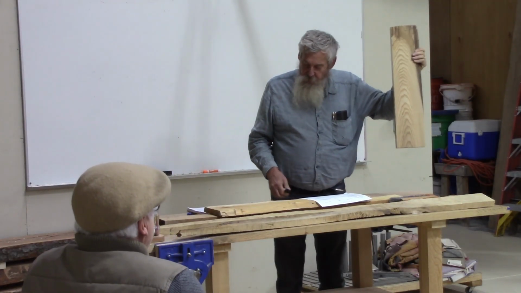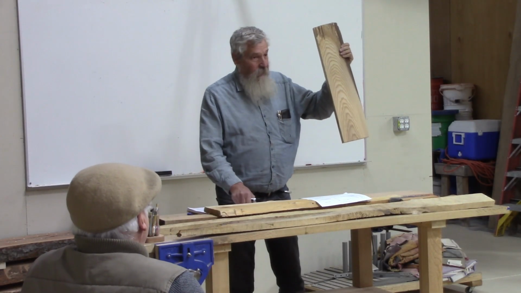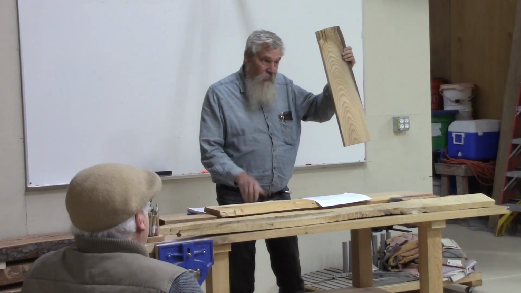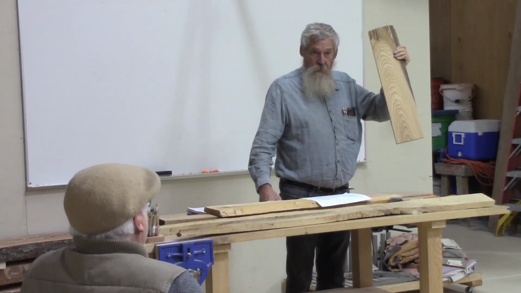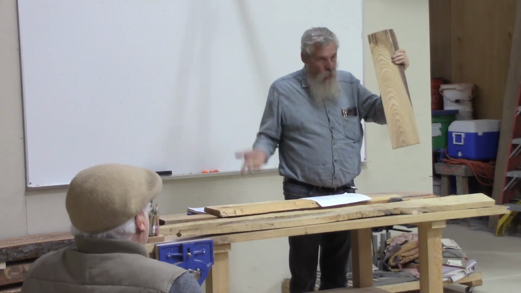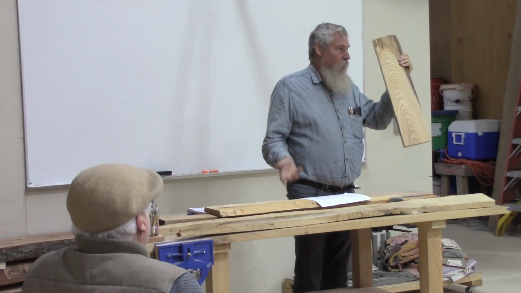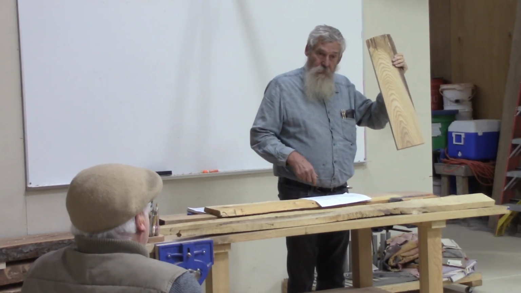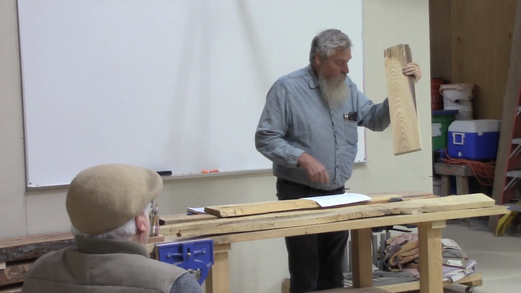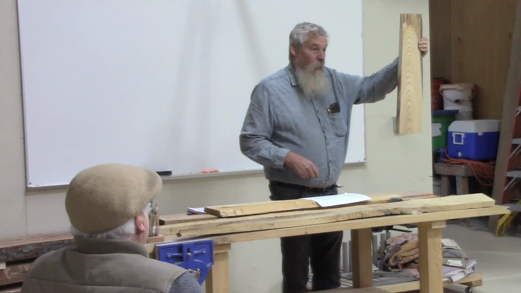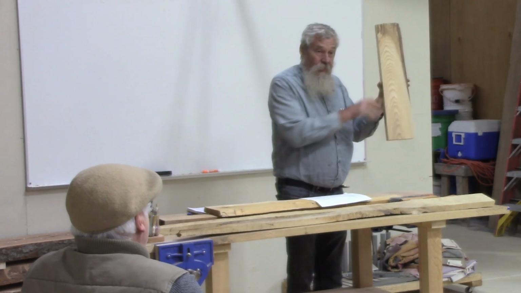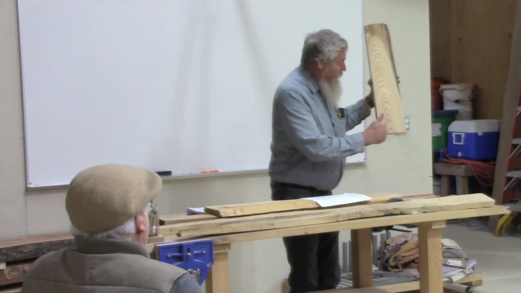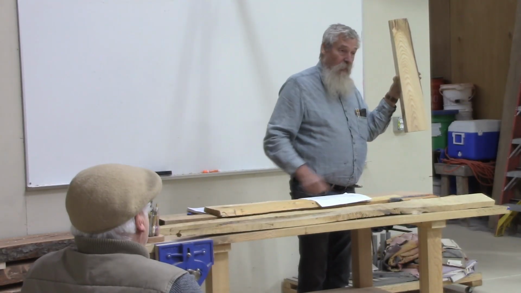If it's softwood, it's going to be flat grained. When I say softwood, you guys know what I'm talking about. Softwood is conifers, and hardwood is deciduous trees. So you get a grain pattern like that, and the advantage of that is some of us really like that grain pattern.